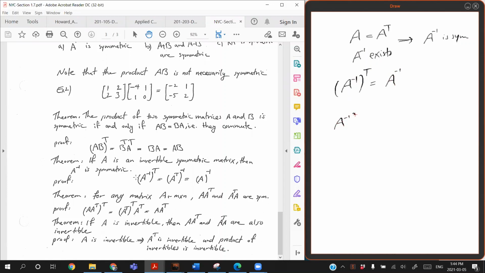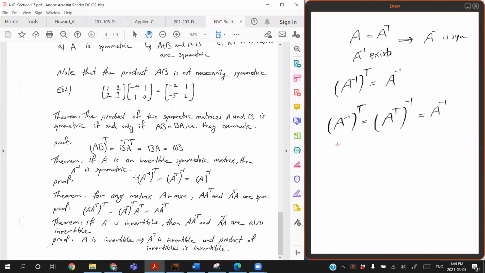But I know A inverse transpose is A transpose inverse. This was a theorem that we proved earlier. That is equal to, I can replace A transpose with A, and that's it.